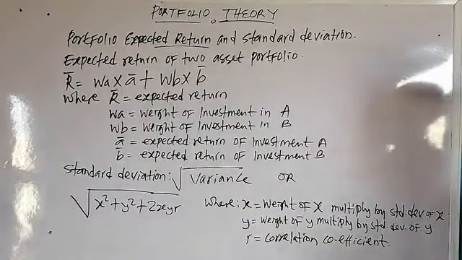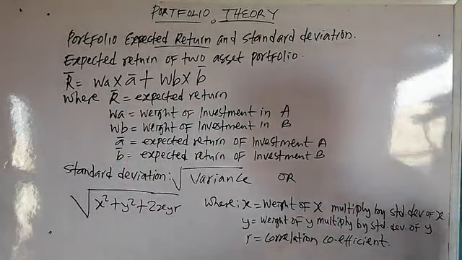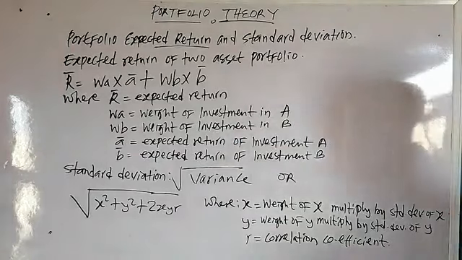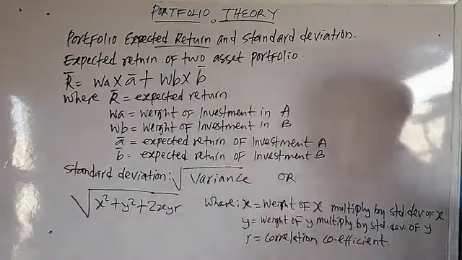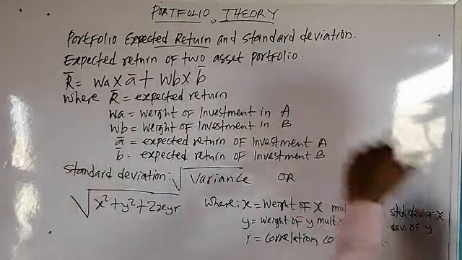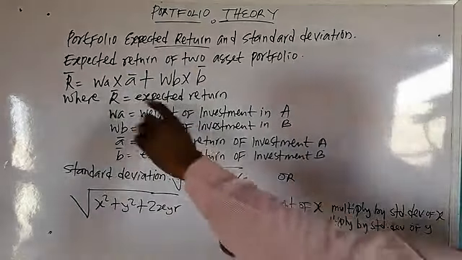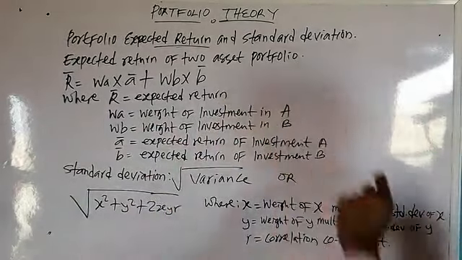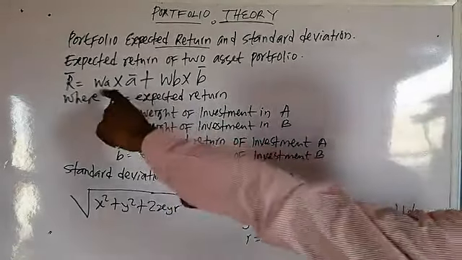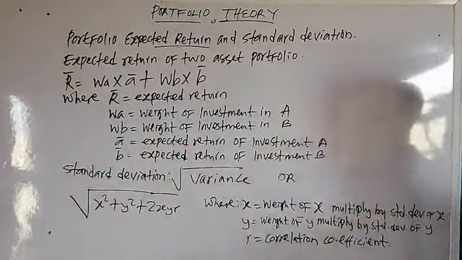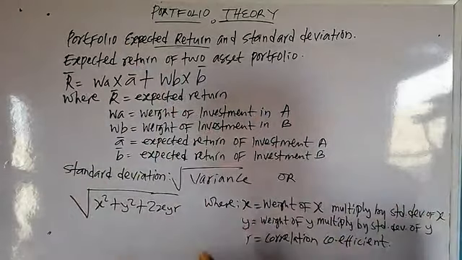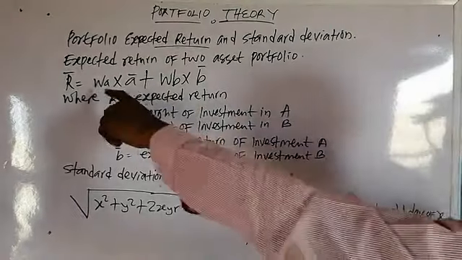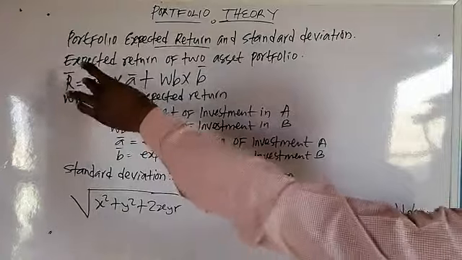Take for example, you have 100,000 naira, or 100,000 USD as the case may be, that you want to invest in investment A and investment B. Let's assume you give 70,000 naira to investment A and 30,000 naira to investment B. So the weight of A is 70%, that is 70 over 100, the portion given to investment A over the total value invested.